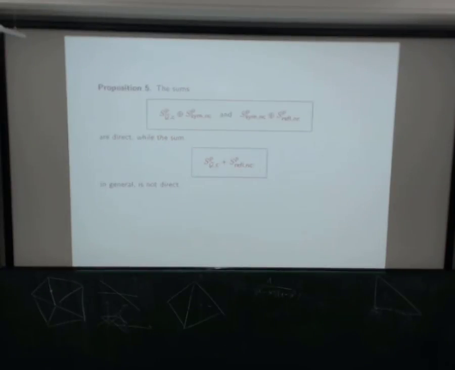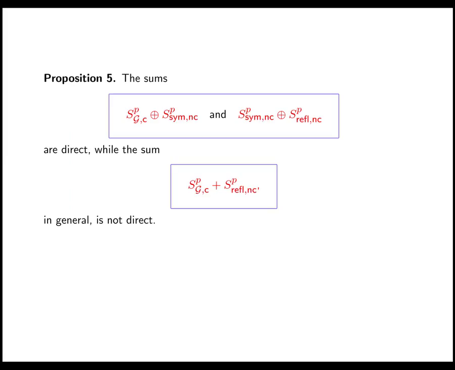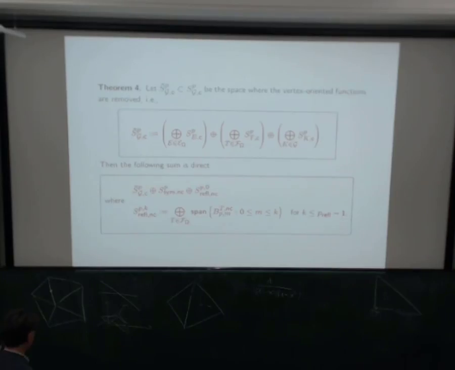And here's the same thing. If you put all the functions into the space, then you get linear dependence. So to be more precise, this is the conforming space. You can inject all fully symmetric functions, which are supported only in one tetrahedron. And the fully symmetric and the reflection symmetric are also linearly independent, but exactly like here with this reflection symmetric, you can construct some conforming functions, and therefore this sum is not direct.